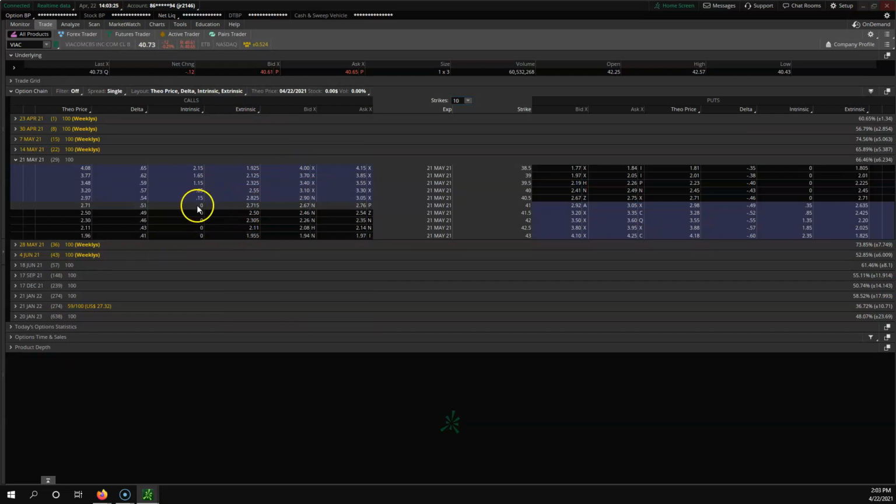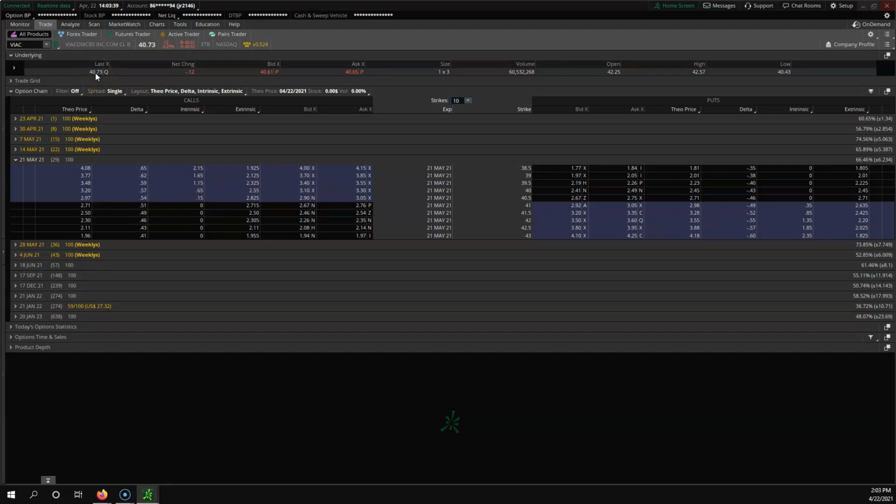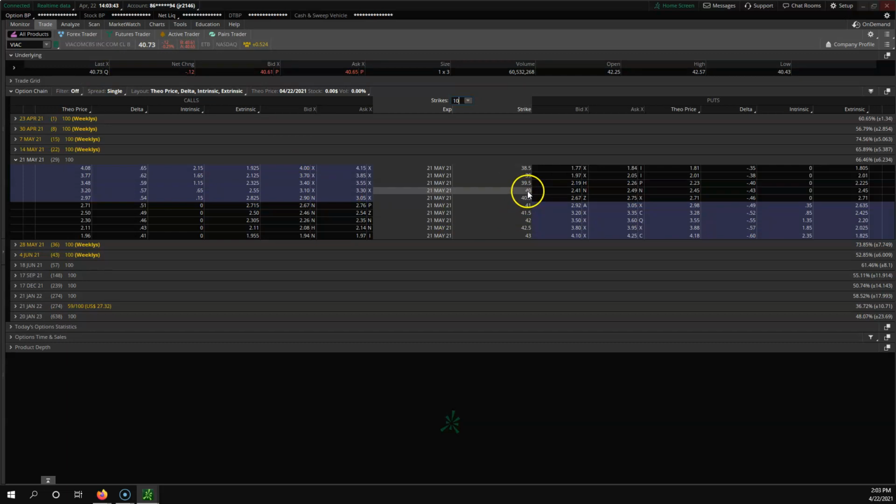Okay, and as we can see with intrinsic value, out of the money is zero, there's zero value to it, right? But as you go deeper in the money, think of it as deep in the money. So if we look at the 40, I can tell you there's 73 cents.